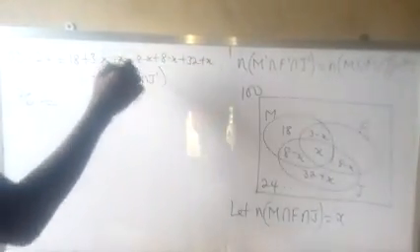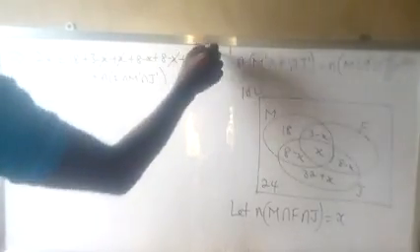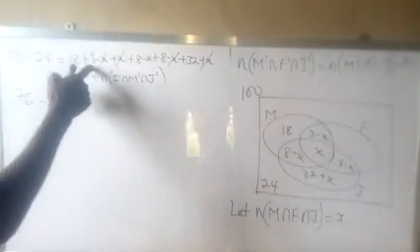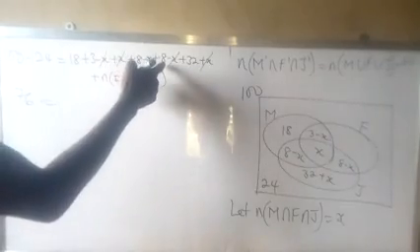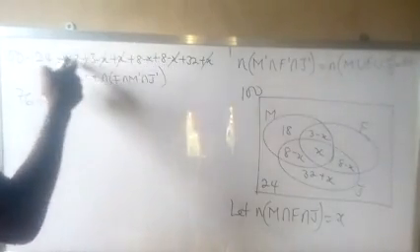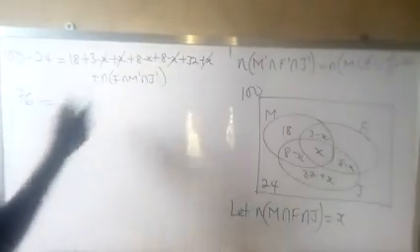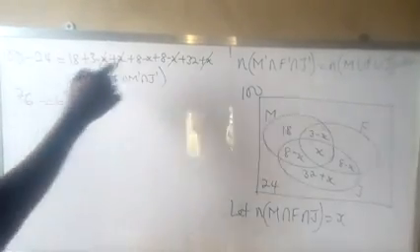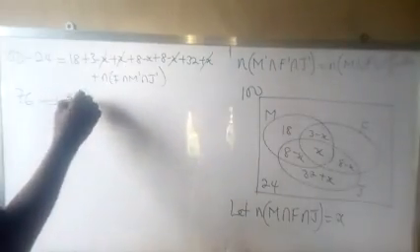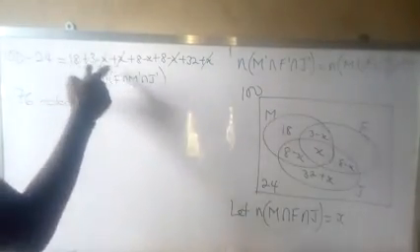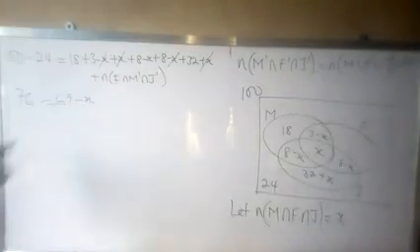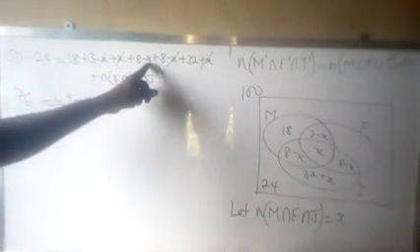We cancel this, we cancel this. So we have 18, 21, 29. This is 16, 34, 37. That is 69. What are we left with? Minus x. 69 minus x. What else?